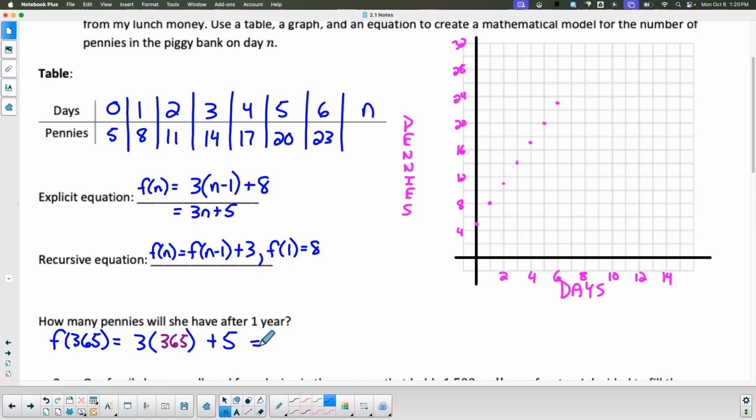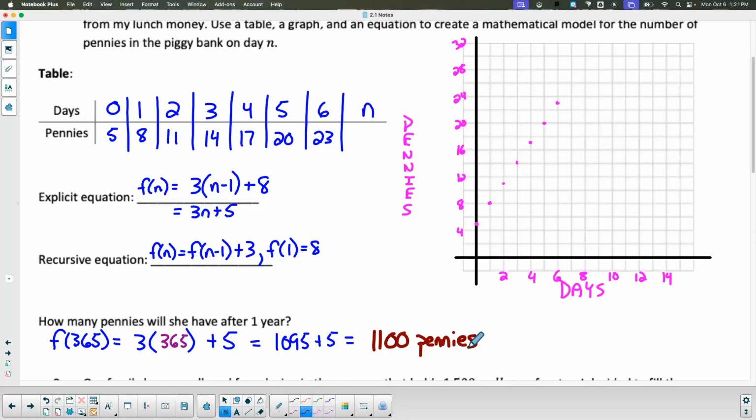Clear. 3 times 365 gets me 1,095. So she would have 1,100 pennies after 1 year. Yes? Okay. So she'd have $11 in the bank.